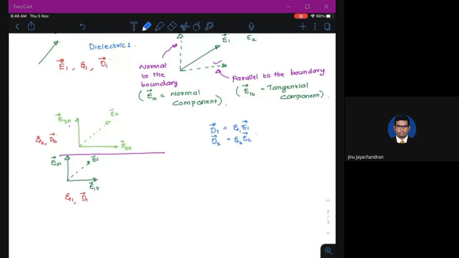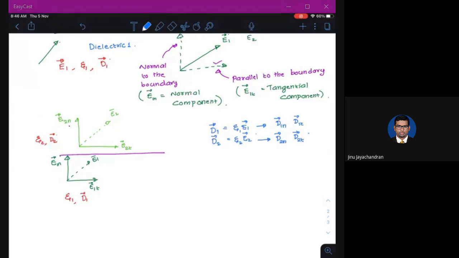So if E1 can be decomposed into E1T and E1N, we can always decompose D1 as D1N and D1T, and also we can decompose D2 as D2N and D2T.